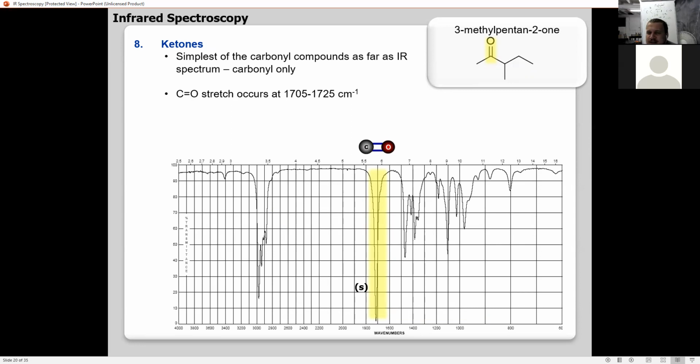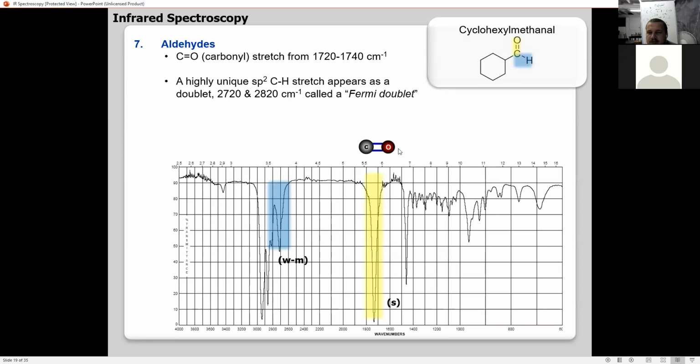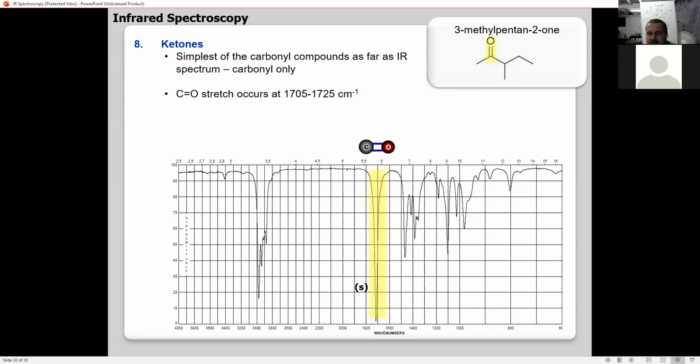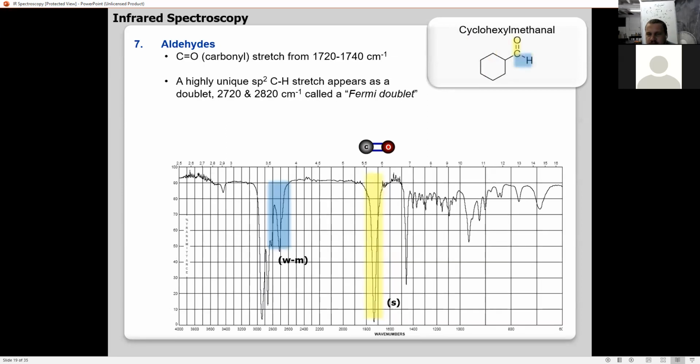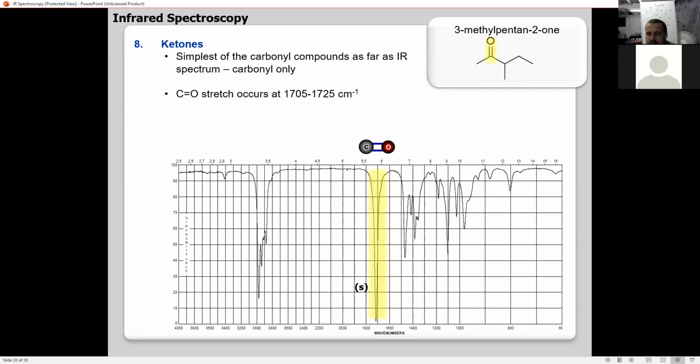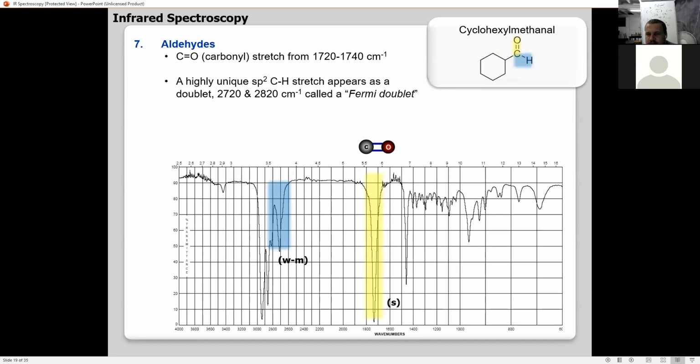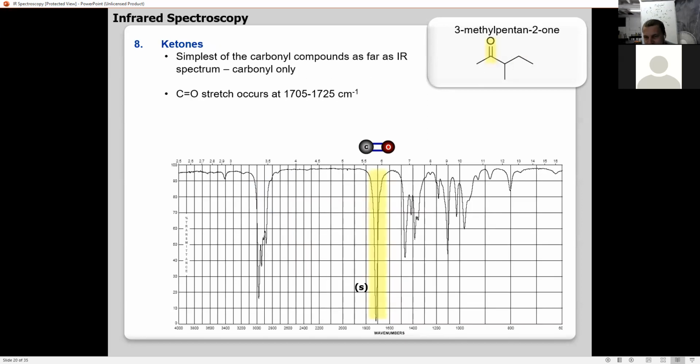You just have that big dip in the middle, not much else at all. You don't have the doublet that you have with the aldehyde. Can you see the difference? Aldehyde, ketone. Almost exactly the same peak for the carbon to oxygen double bond.